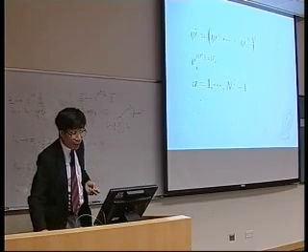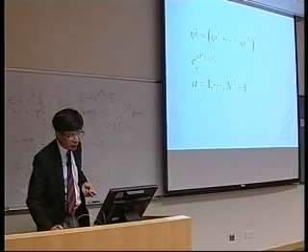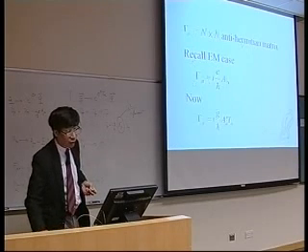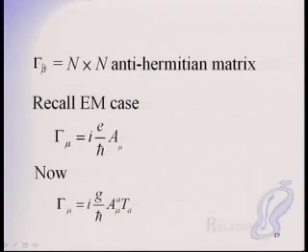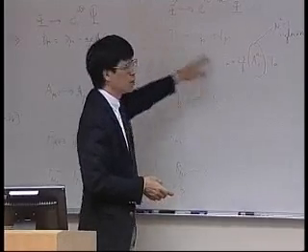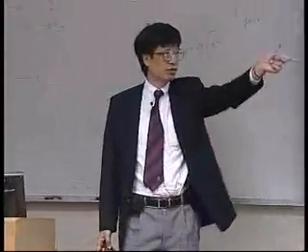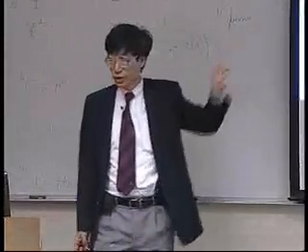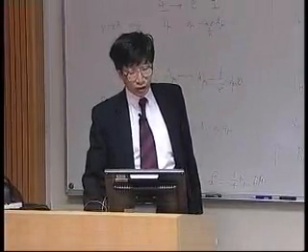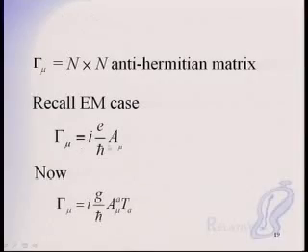So if you go back here, let's see. We had discussed earlier the concept of gamma, which is an N by N anti-Hermitian matrix. This comes about because when you push something, you have to do a coordinate transformation as well. And in the EM case, we notice that gamma mu is related to the vector potential.